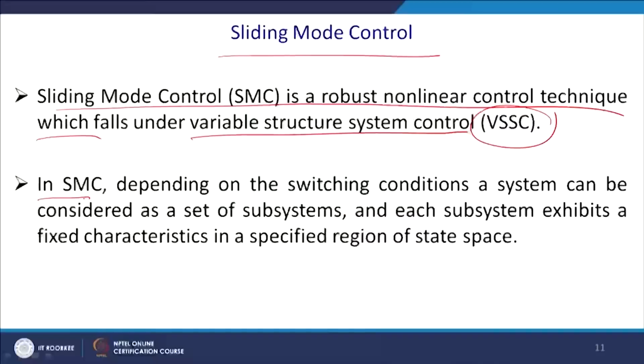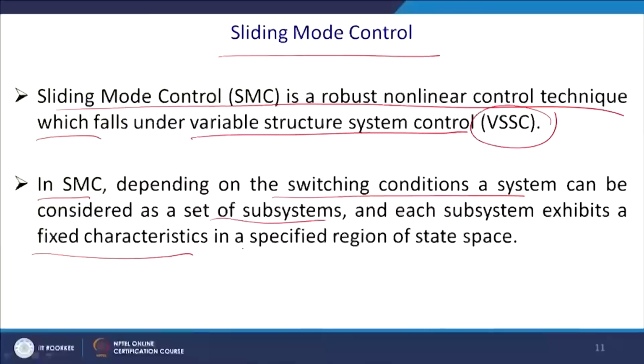So, variable structure system control is a bigger set. Within that, one of the sets is sliding mode control. SMC, depending on the switching condition, a system can be considered as a set of such systems, and we can subdivide one system into many subsystems: input subsystem, output subsystem, control or switching subsystem, like that.